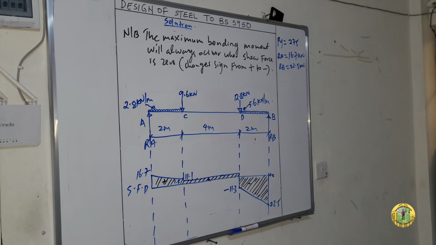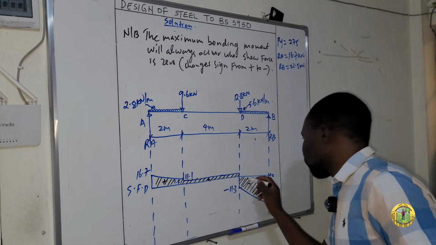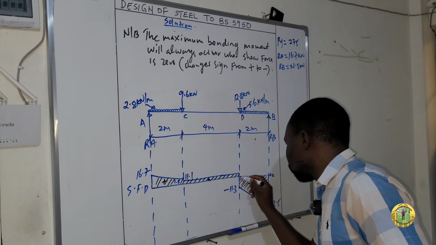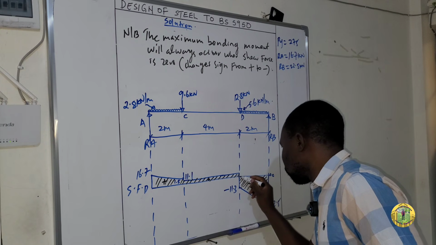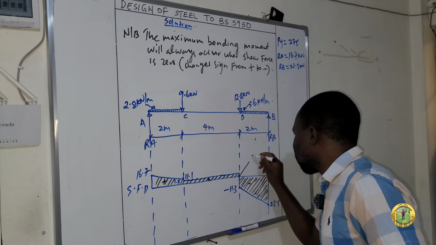So our maximum bending moment will be at this point. So this is where our maximum moment will occur.